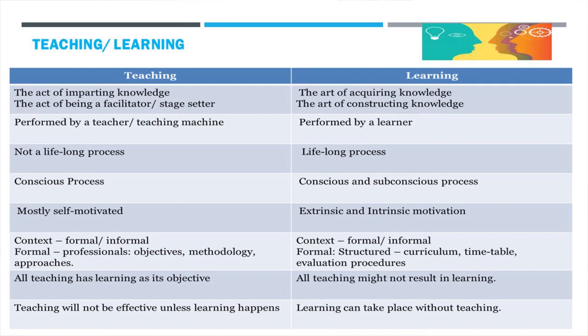It cannot be said to be effective unless the learner learns something. And again, in the learning column, you can see that learning can take place without teaching. You learn many things from the teacher, but you also learn things from your surroundings, from the media, from other places, from your family. So learning can take place without formal teaching.